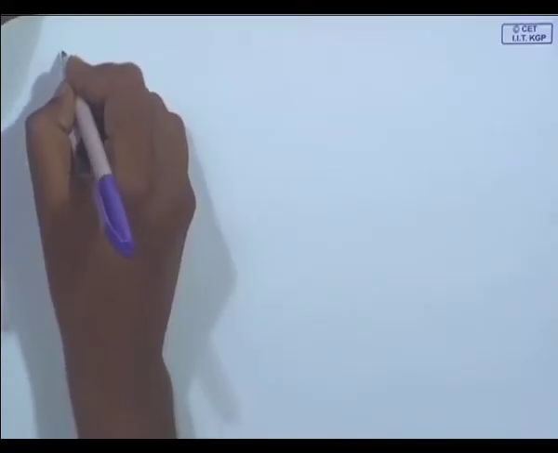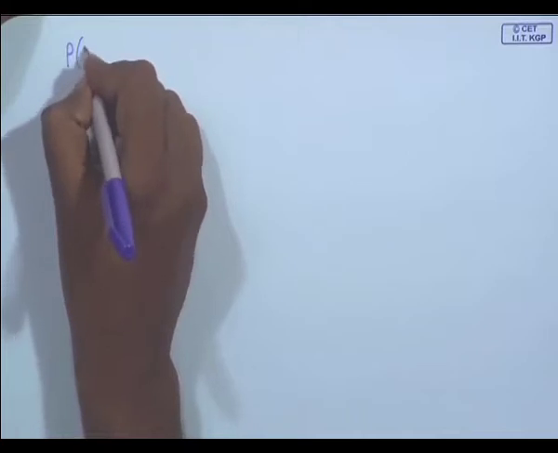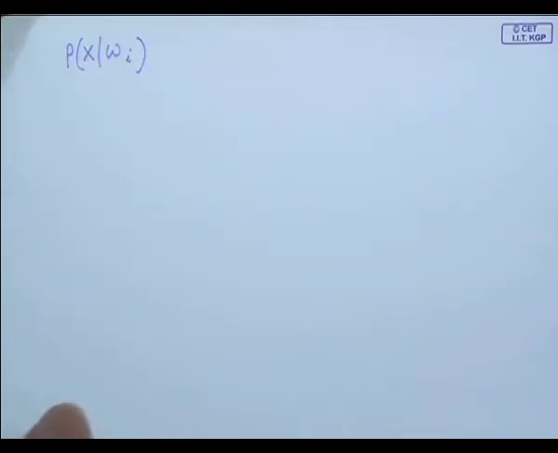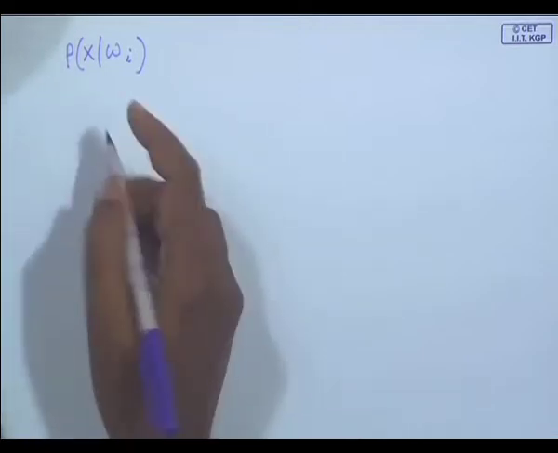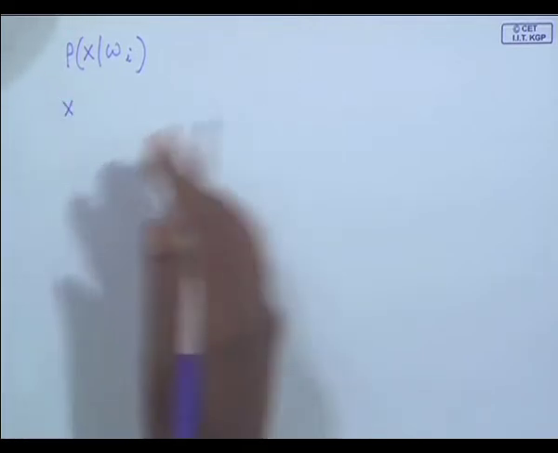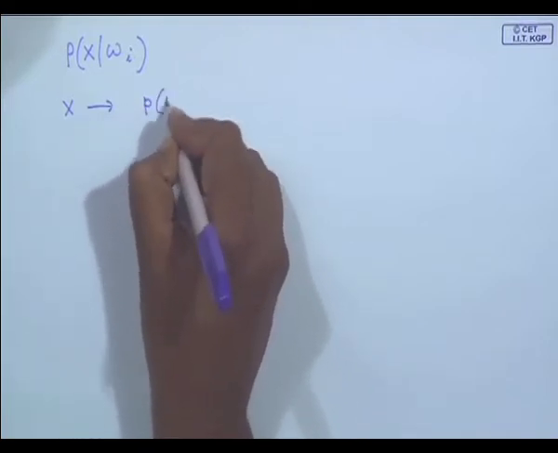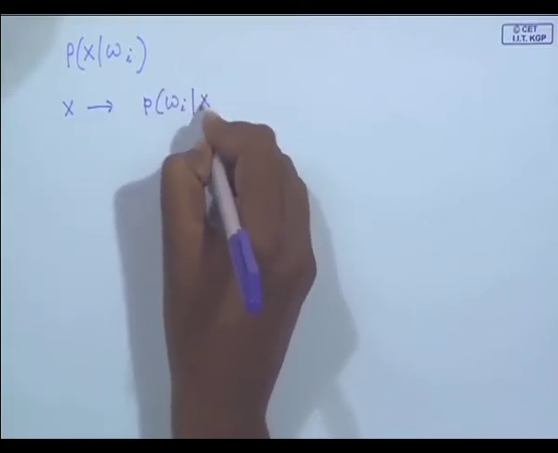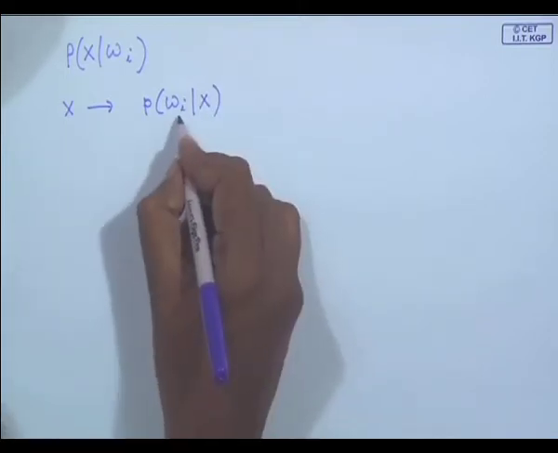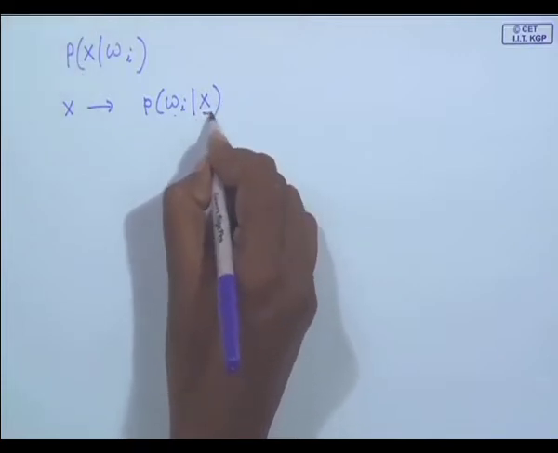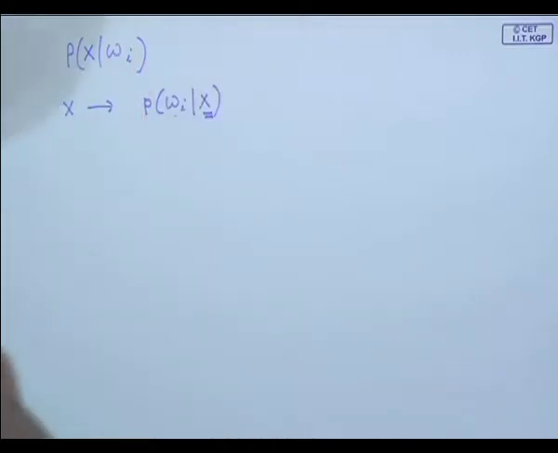That is, what we had is something like P of x given omega i. This was the class conditional probability density function that can be estimated. Now, from an unknown sample, say x, to classify it into one of the classes, what we needed to compute is P of omega i given x. And that particular i for which P of omega i given x is maximum, this unknown sample was classified to that particular class.